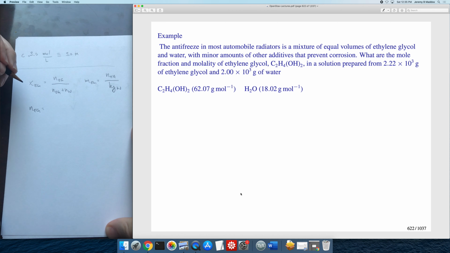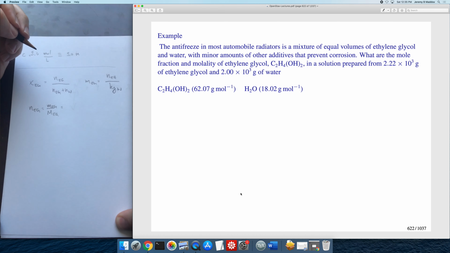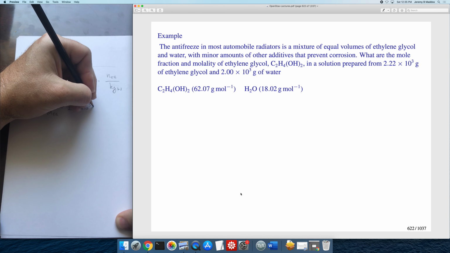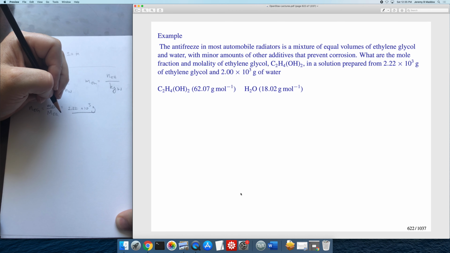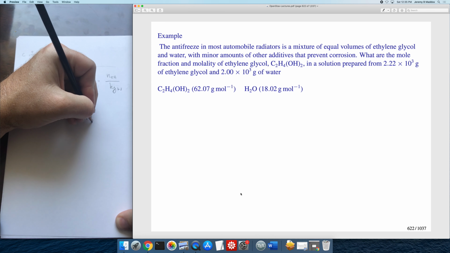All right, that's going to be the mass divided by the molar mass. So we've got 2.22 times 10 to the 3 grams, and we're dividing that by 62.07 grams per mole.